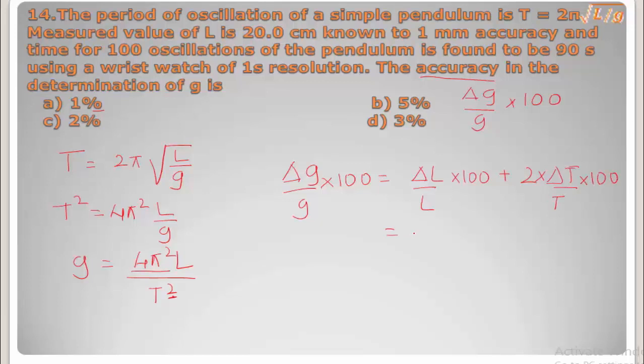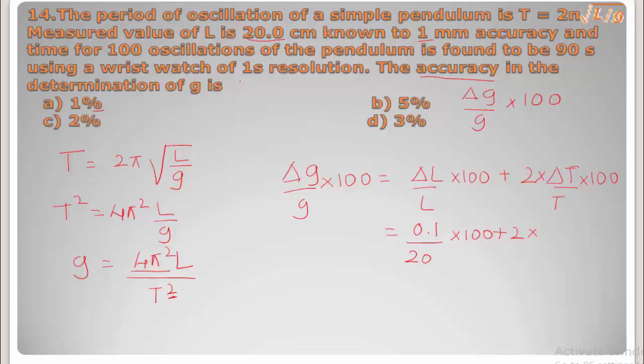It is given that delta L is 1 millimeter. Convert it into centimeter, it becomes 0.1 divided by length L, which is 20 centimeter, into 100 plus 2 into delta T, that is the minimum value.